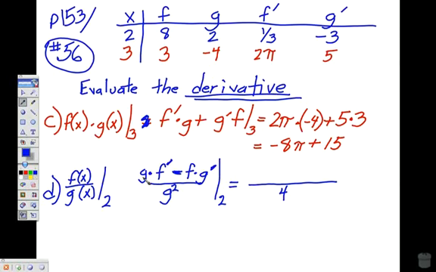On the top, g, well that was 2, times f prime is 1/3, minus f, that's 8, times g prime is a negative 3. So we've got 2/3 minus, and that minus together are going to become a plus, plus 24, all over 4.